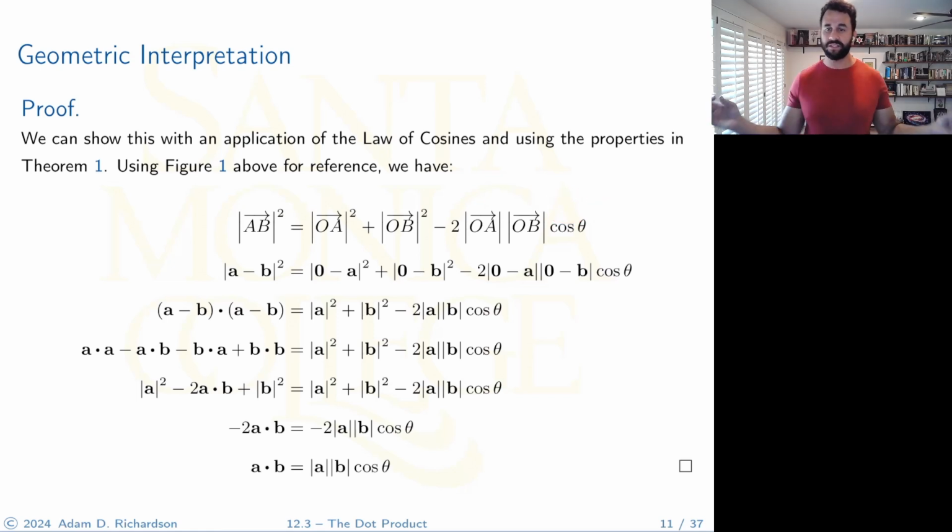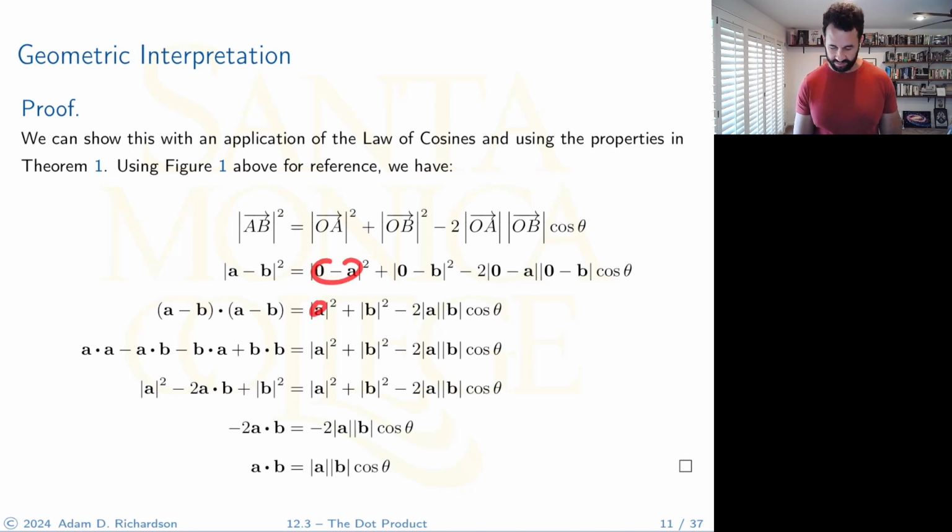All right, now let's convert everything into different notation. The displacement vector between A and B is this difference right here. OA is literally 0 minus A, OB is 0 minus B, and so on. So that's what this setup is right here. This vector difference just becomes A, because the 0 vector is the 0 vector.